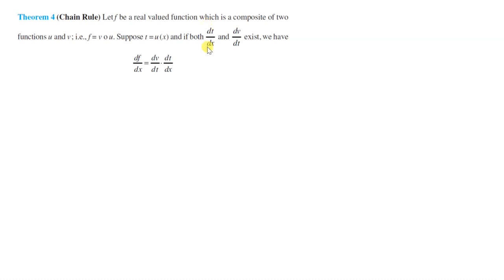If both of these derivatives exist, we have the derivative of f with respect to x as dv by dt multiplied by dt by dx, because t is a function of x.